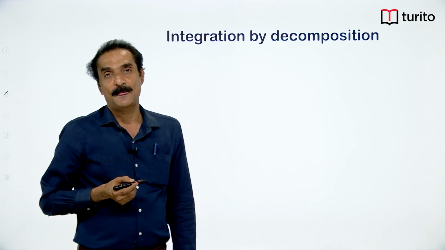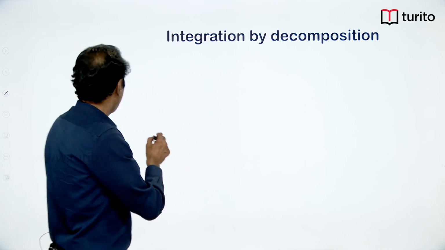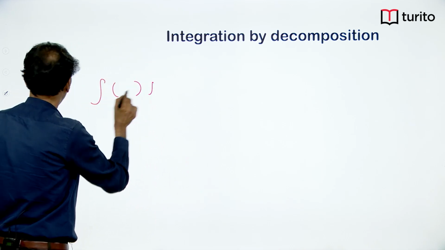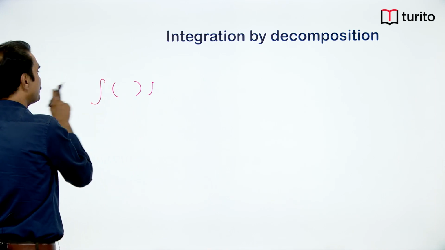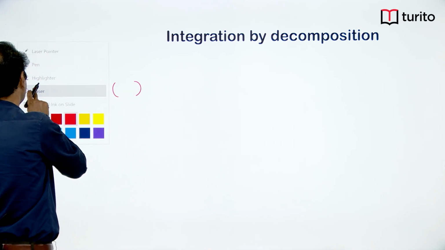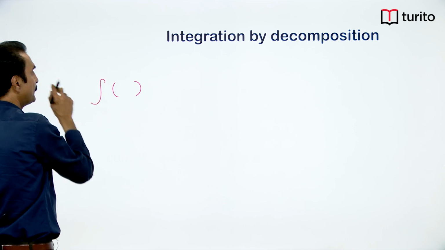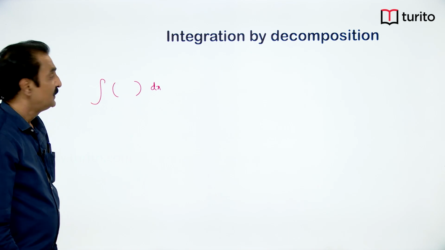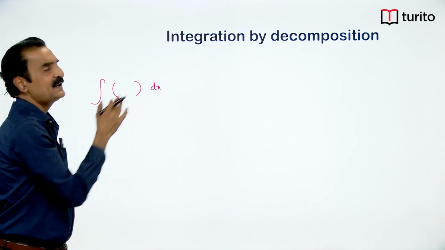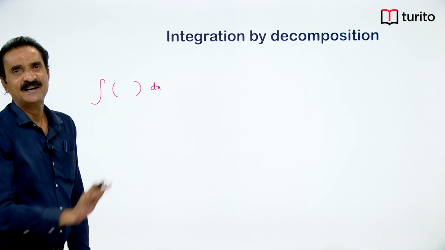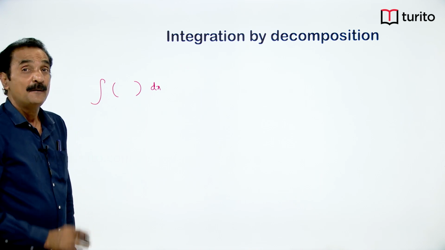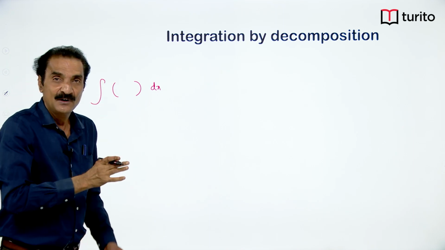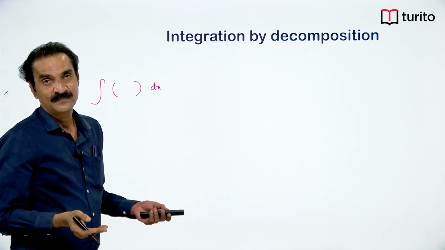What is this method? When you want to integrate some function with respect to x, then if you cannot tell the integral directly, if it is not a standard result, then first we try to decompose the function into a sum or difference.